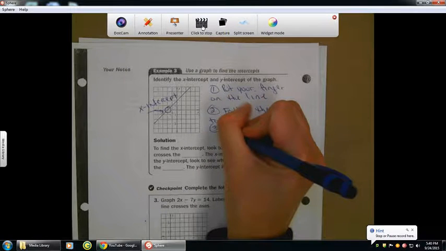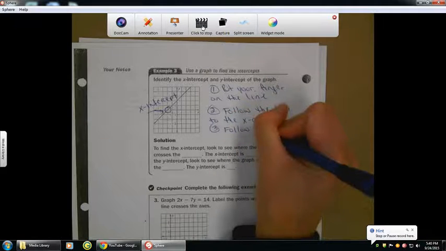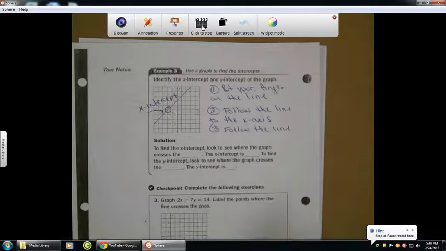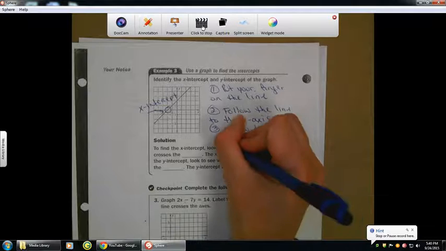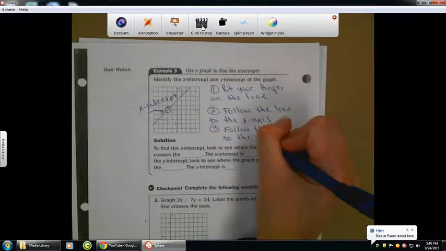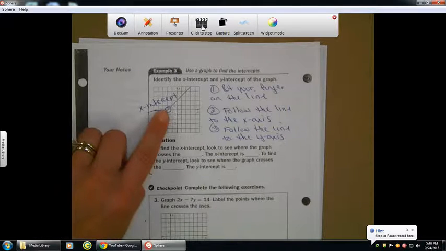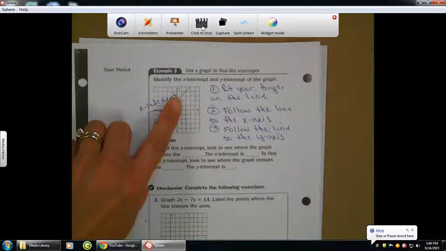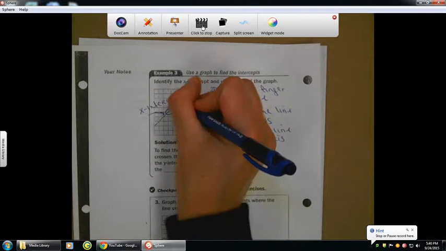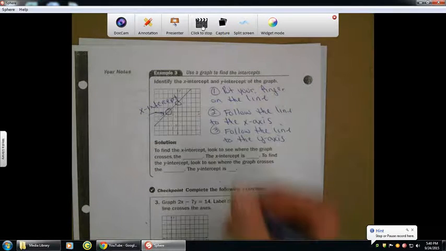You're going to continue to follow the line to the y-axis. So I'm going to continue the line until I hit the y-axis, and I'm going to stop. The point on that line that hits the y-axis is the y-intercept.